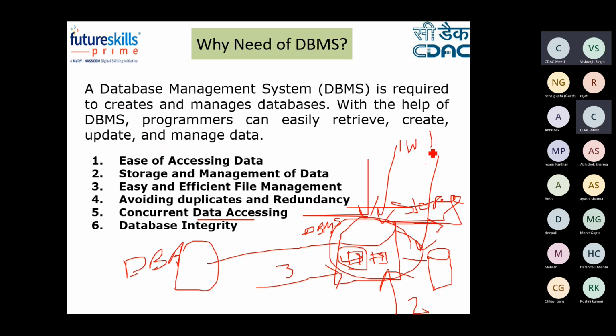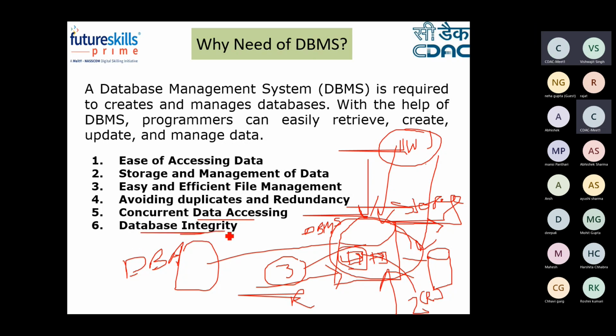User 1 has write permission, and users 2 and 3 only have read permission. So if they want to make any change or update any data, the DBMS should ensure that no change can be made by these two users. Only user 1 can make changes to that data. So the concurrent data accessing policy will be defined by the DBMS.